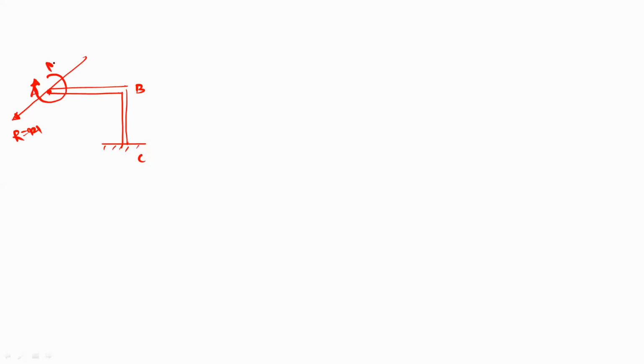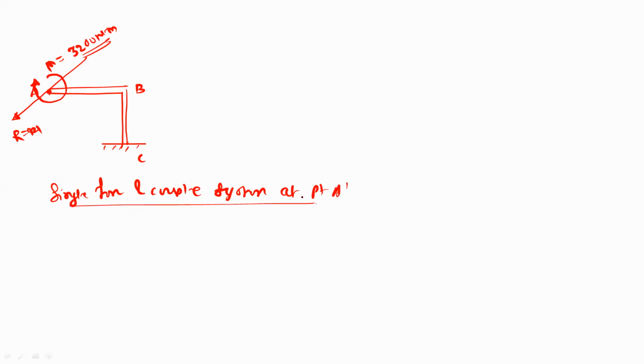This moment M is equal to 3200 Newton meter. So this is a single force and couple system at point A. I hope this problem is clear: how to convert a given general force system into a single force and couple system at any given point.